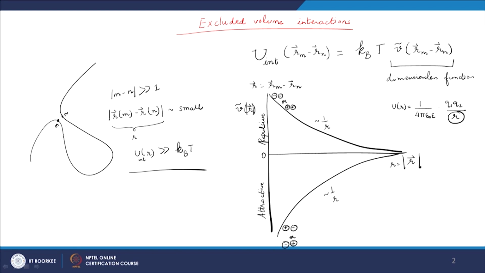Now, 1 over R is of course not a very rapid decay. If you double the distance, the interaction is halved. If you make it 4 times, the interaction is like 1 by 4.